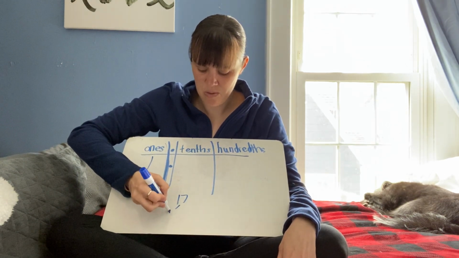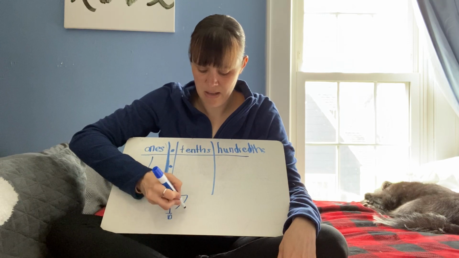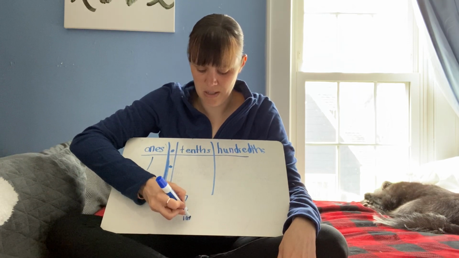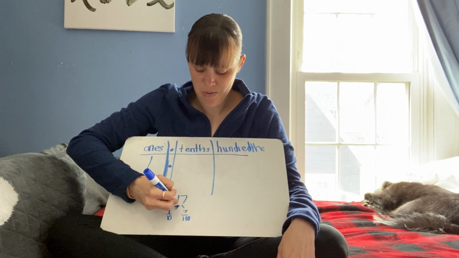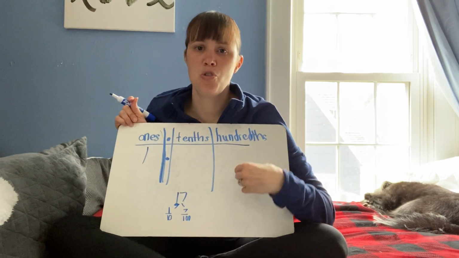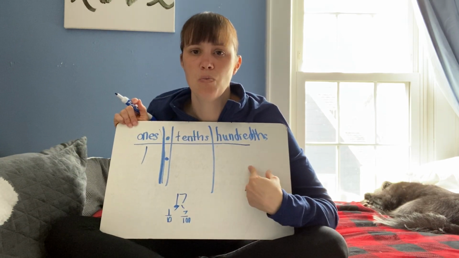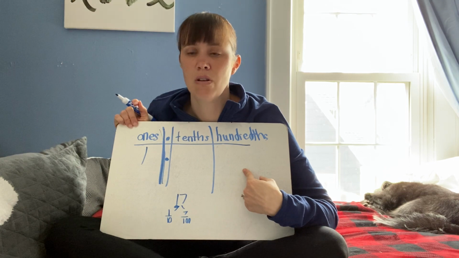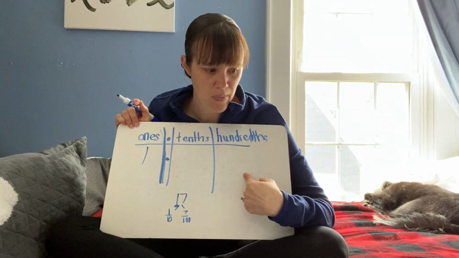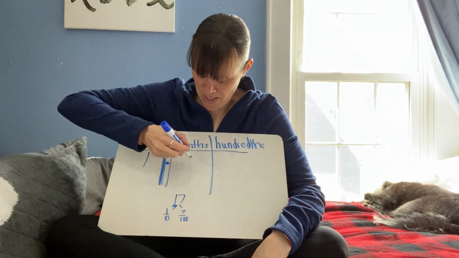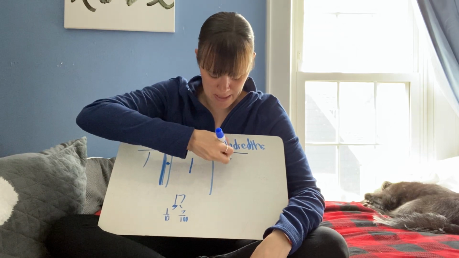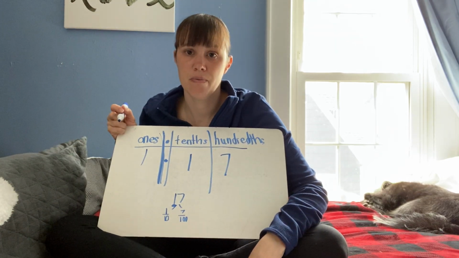17 has 1 tenth and 7 hundredths, doesn't it? Do we ever put 2 digits in one of these place value holders? Nope. 17 hundredths means it has 1 tenth and 7 hundredths.